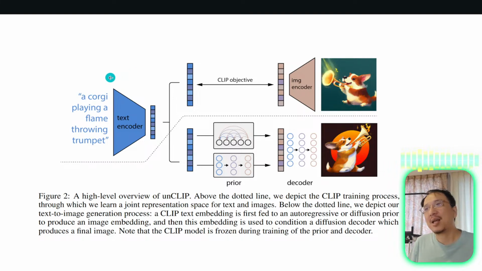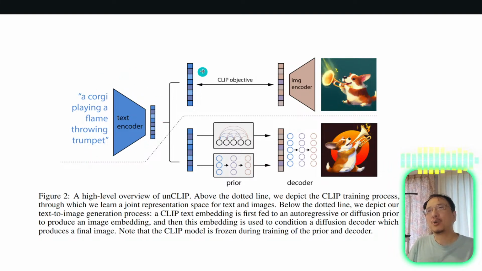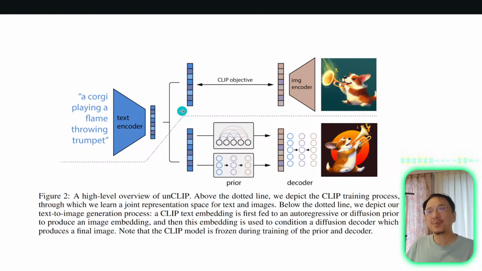First of all, it uses CLIP to generate the encoded text and the image latent. So you get an image encoding and a text encoding. Instead of using the text encoding directly, just like Stable Diffusion or other diffusion models, it first uses a diffusion model or any autoregressive model to generate the image encoding from the text encoding.